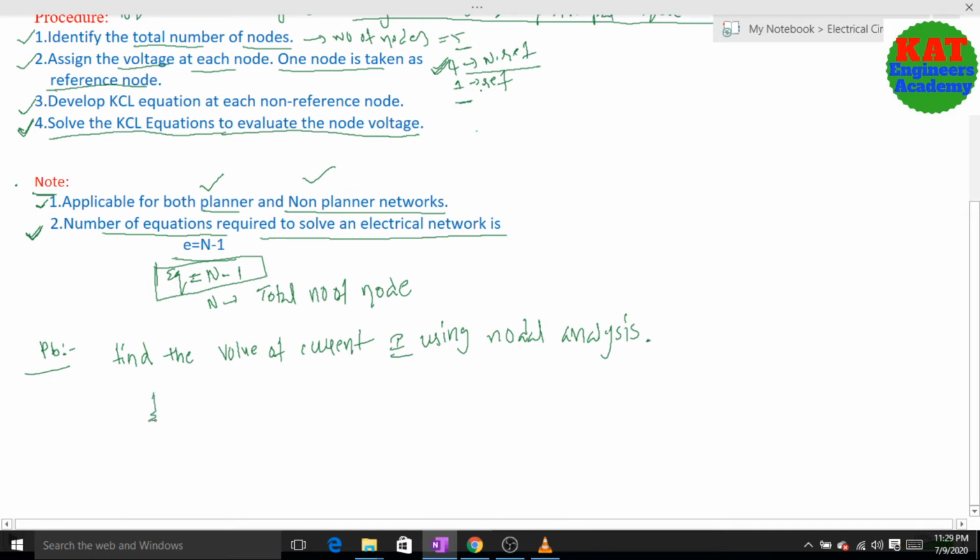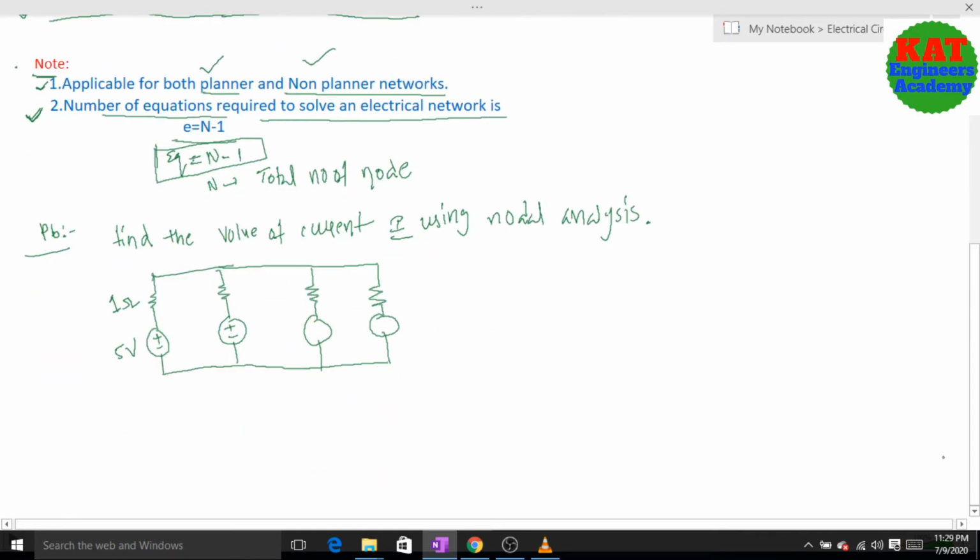Here they have given the problem like this. There is 5 volts, 1 ohm, then 5 volts, 10 volts, 4 volts, and a 4 amp current source; this is minus, this is plus, and this is the current direction of 4 amps.